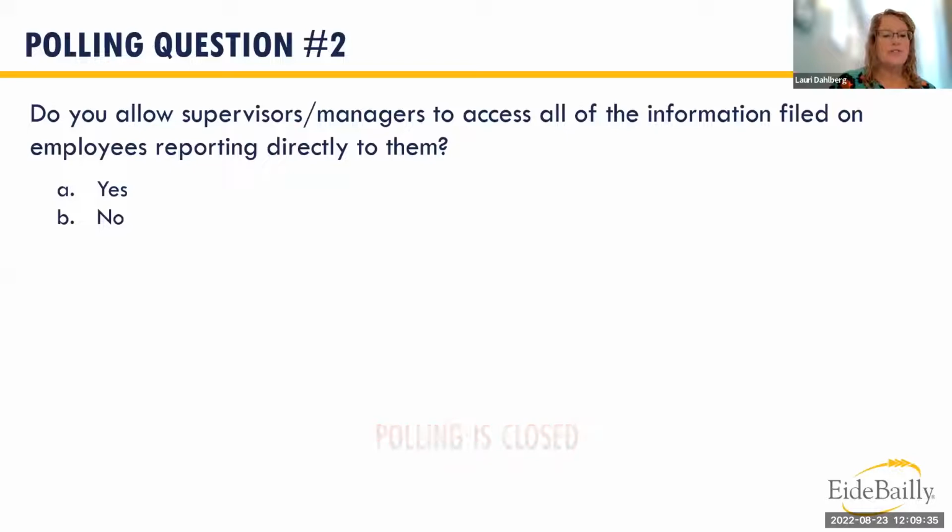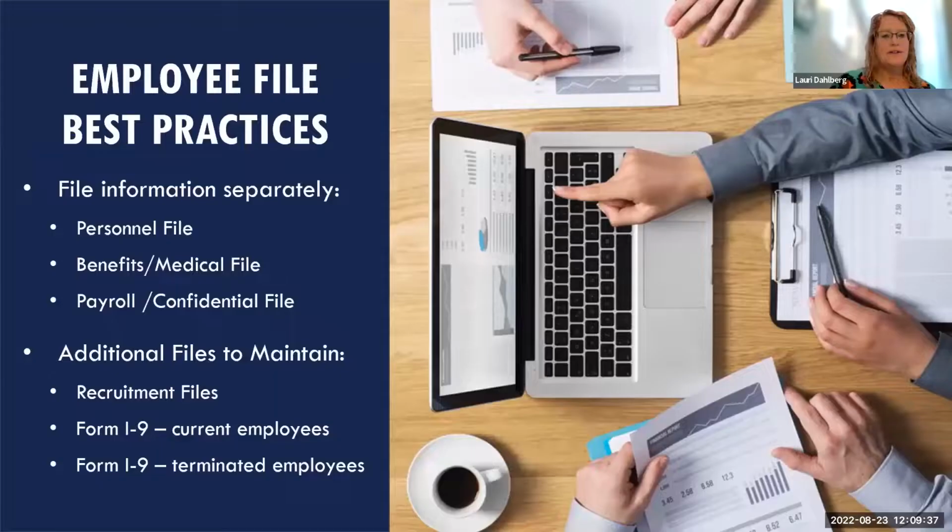So to start things off, best practices with regards to filing your employee records are that you keep information separately based on who should be accessing it. And we're going to talk through each of these in detail, but basically there should be separate files for every single employee.